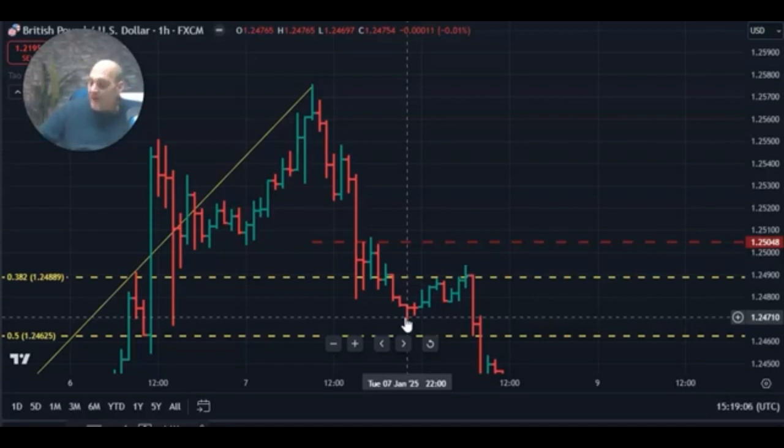124.70. And I multiply 1.2470 by 1.0056. Resistance reversal is at 125.39. I took 124.70 and multiplied by 1.0056.